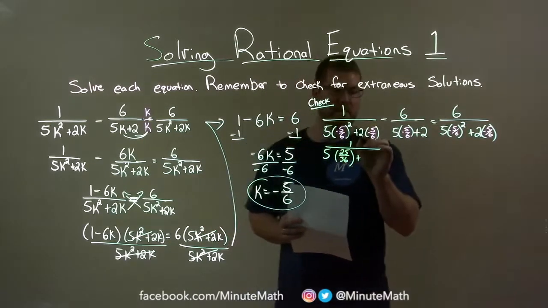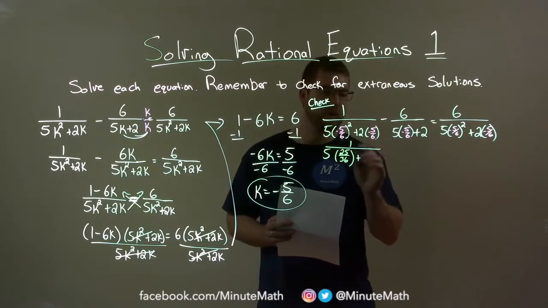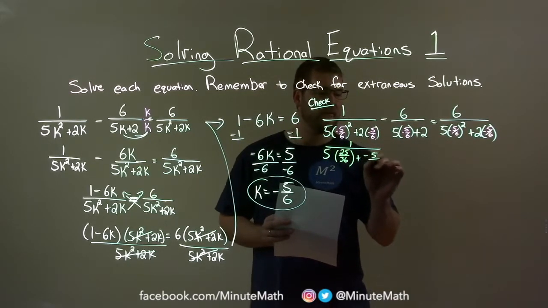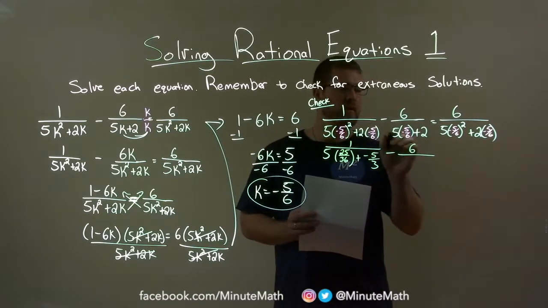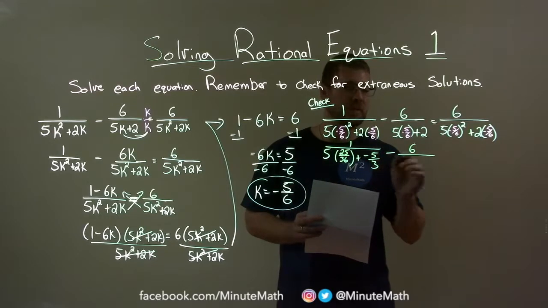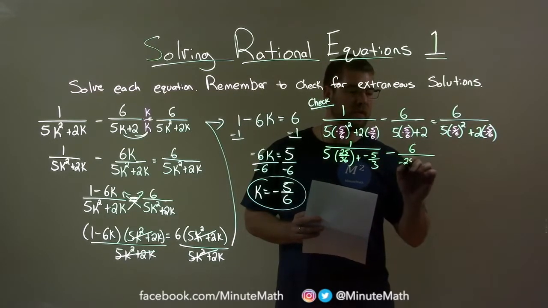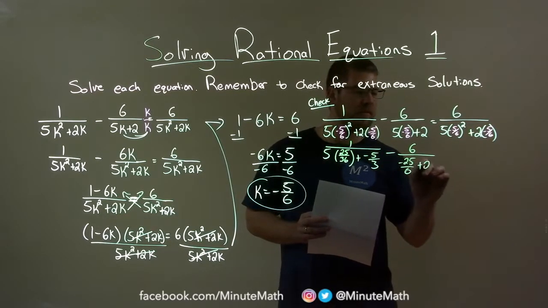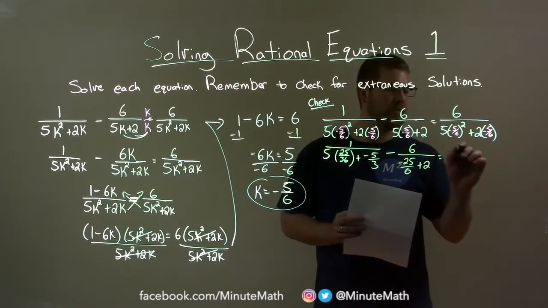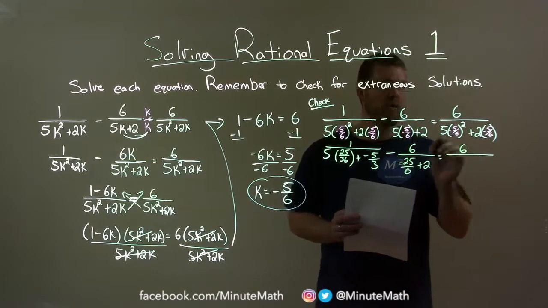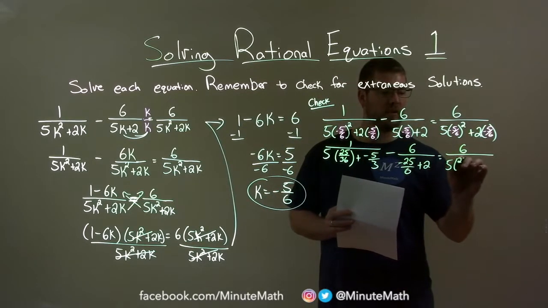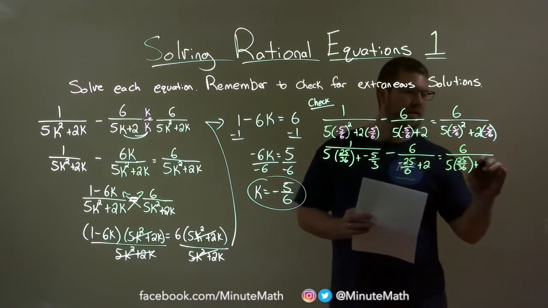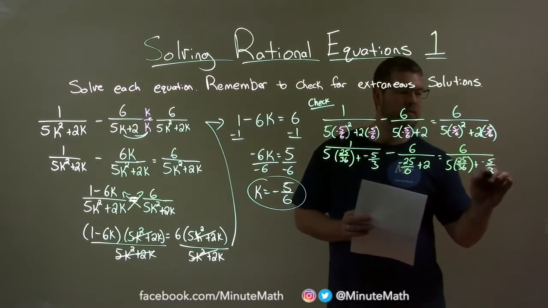Plus, here we can simplify a little bit: 2 and the 6 become a 3 in the denominator, so we have a negative 5 thirds here. Minus 6 over 5 times 25 over 36, but it's negative, so we have a negative 25 over 6, plus 2, equals, all the way to the right, 6 over 5 times 25 over 36 plus negative 5 thirds.